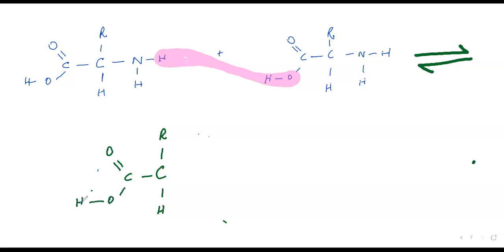Now, the bond is going to form between nitrogen and the carbon of the second amino acid. Over here, I will have another oxygen. Then the rest of the structure of the amino acid will be drawn.